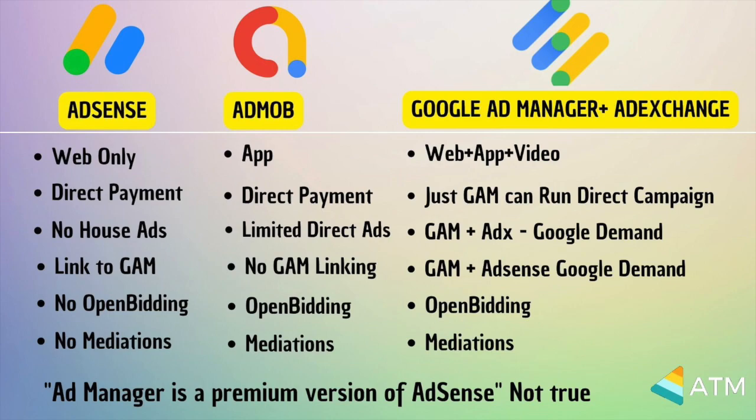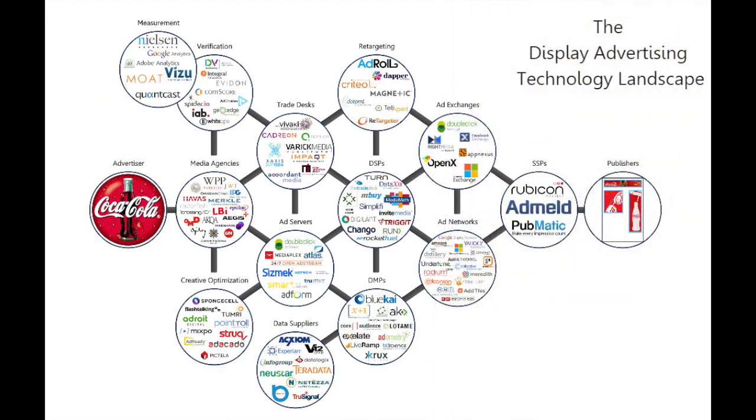When I'm referring to a publisher, it means someone who wants to show ads on their website or on their app. And an advertiser is someone who is willing to do marketing and wants to show their ads on someone else's websites, to get installs or acquisitions, or to create awareness of their product.